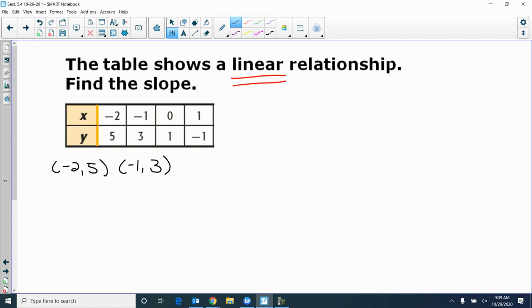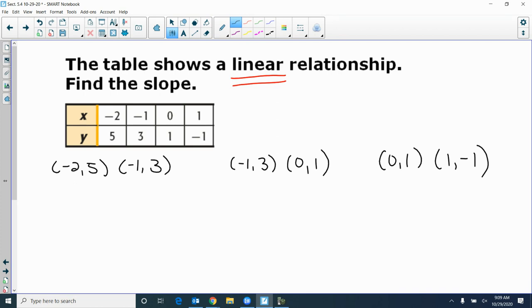All right, you guys do that right there. You guys do -2, 5 and -1, 3. Here in the middle, you pick, let's do -1, 3 and 0, 1. Okay, you guys do that. And over here on the right, you guys do 0, 1 and 1, -1.